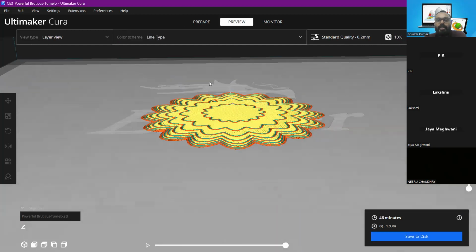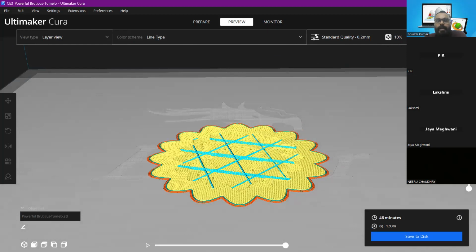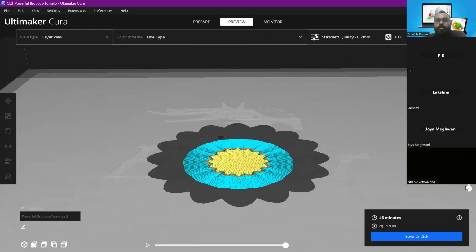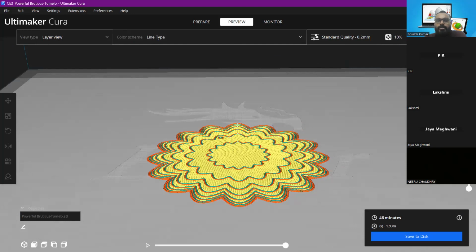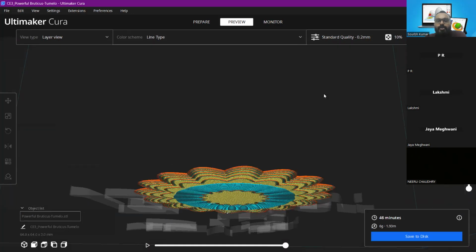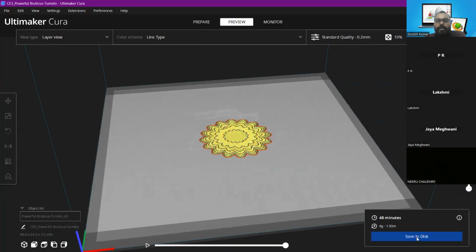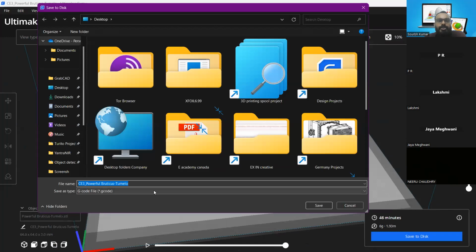Just click, and here you can see the layer-by-layer deposition of material. Through this, we can design anything. The Tinkercad platform is used to design the object, and using Cura we are saving it as G-code, that is geometrical code, for the 3D printing.